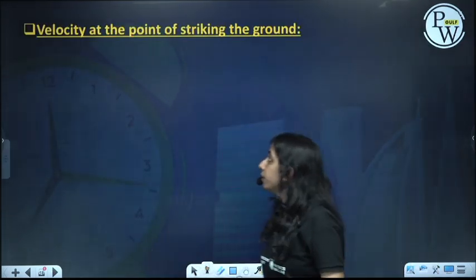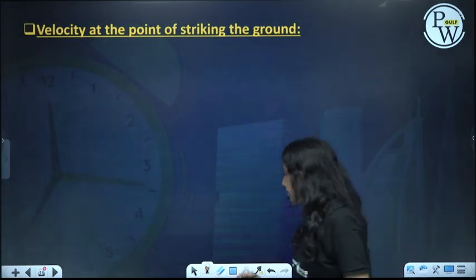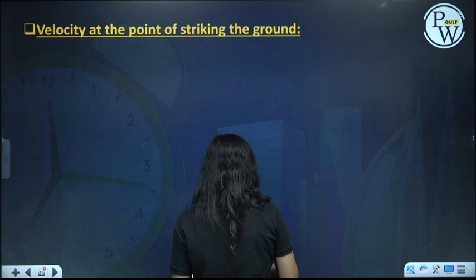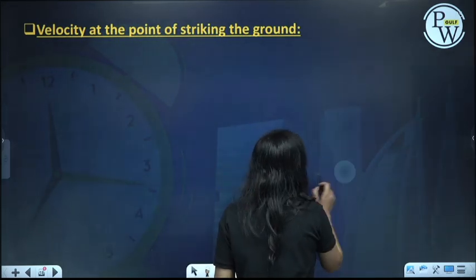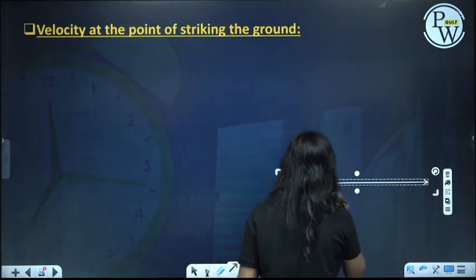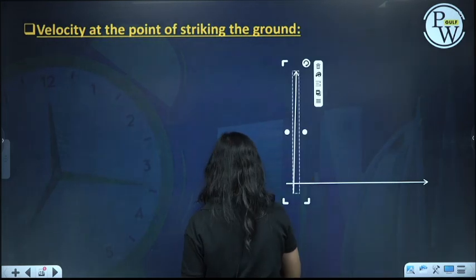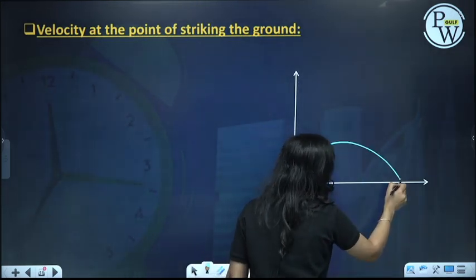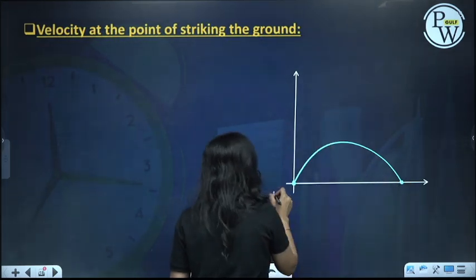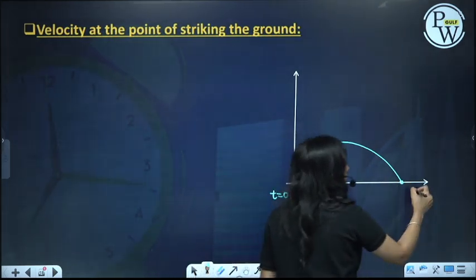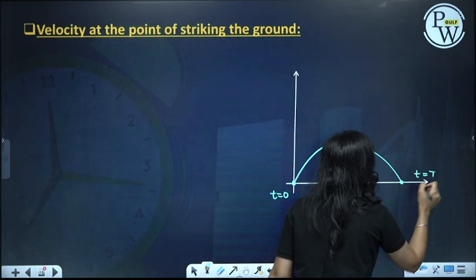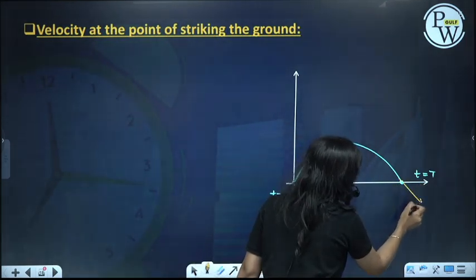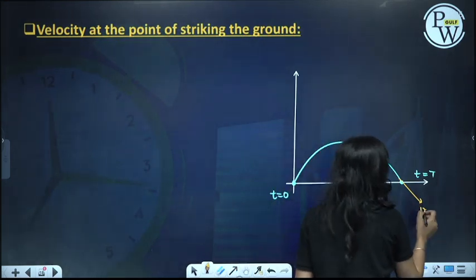Now let's find the velocity at the point of striking, that is, at the final point. If this is my projectile and we fired it like this, at t equal to 0, the projectile is here. At t equal to capital T, the projectile is here. We want to find this final velocity.